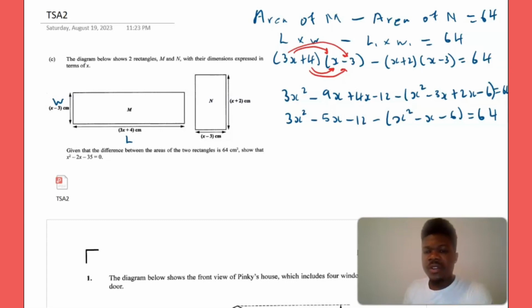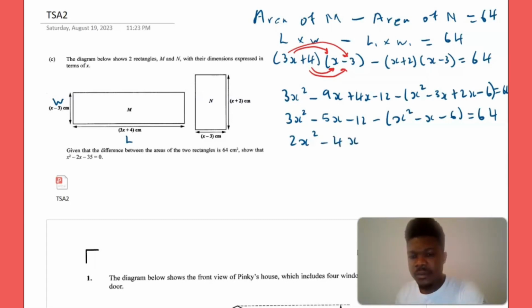Now we can combine. So this x inside the bracket will become minus since it's subtracting. So we're going to have 3x squared minus x squared, which is going to leave us with 2x squared. Then we're going to have minus 5x. Inside the bracket we have a minus x, but the subtraction outside is going to make it become positive. So we're going to have minus 5x plus x, which is minus 4x.